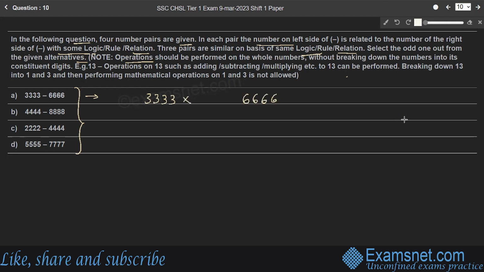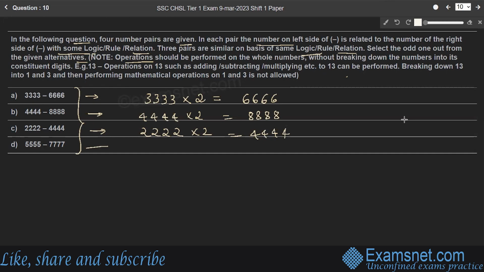When first number is multiplied by 2, you will get second number, right? So similarly, in the second pair, 4,444 into 2 gives 8,888. Similarly, for the third pair, right? So 2,222 into 2 gives 4,444.